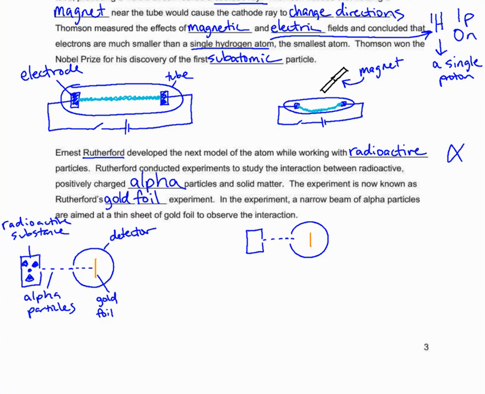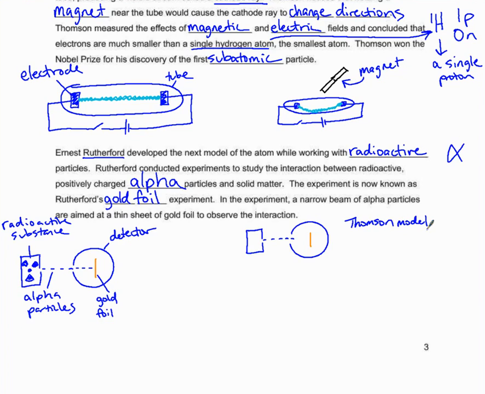So what's going to happen is, let's say that we have the Thomson model of the atom. And let's say that's what actually works. They're solid spheres with a positive charge, and they have those electrons just stuck on the outside.